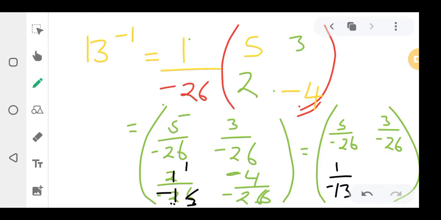Same here, the negative on top on 4 cancels the negative on 26, since they are both negatives up and down. Then 2 into 4 is 2, so it will be 2 over 13. That is the inverse. Or you can just leave it without simplifying it. Both answers are the same.